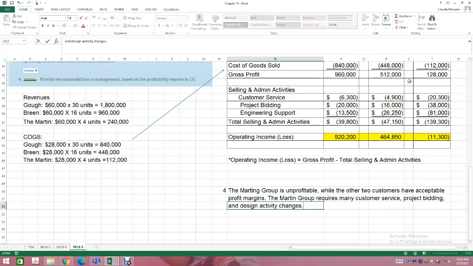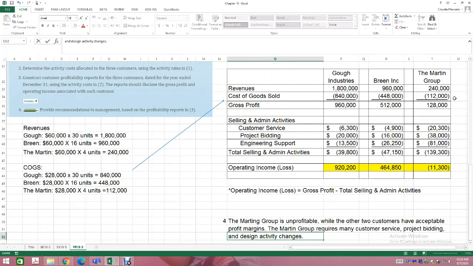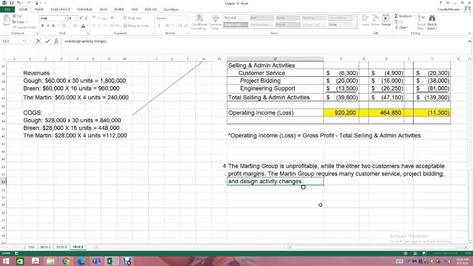Look at the cost in comparison to the others. For the Martin Group, these are $6,000, $4,000, $20,000, $20,000, $16,000, $38,000, almost doubling. $13,000, $26,000, $81,000. So the Martin Group requires a lot of customer service, a lot of project bidding, and a lot of engineering support. These costs are killing it for the Martin Group.